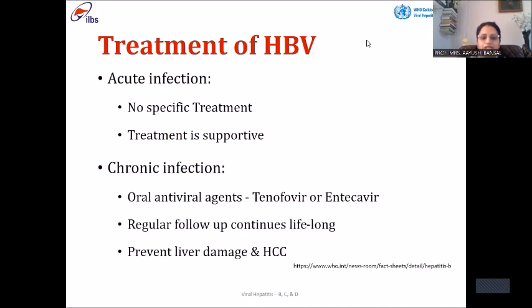In chronic infection, oral antiviral agents like tenofovir or entecavir may be given to the patient according to the indications given by the physician. Regular follow-up, continuous lifelong visits to the hospital must be there, to prevent further liver damage and hepatocellular carcinoma.